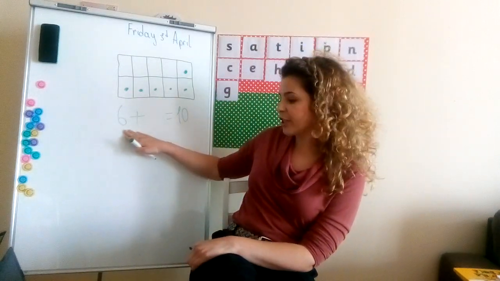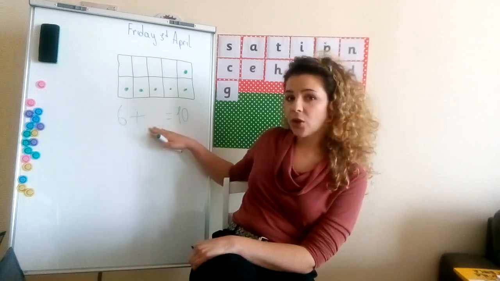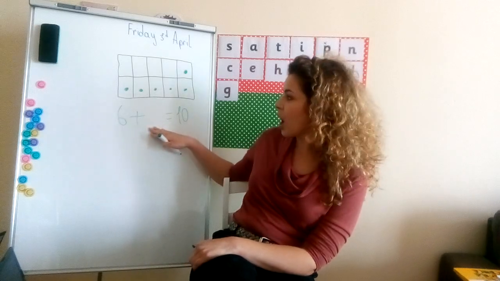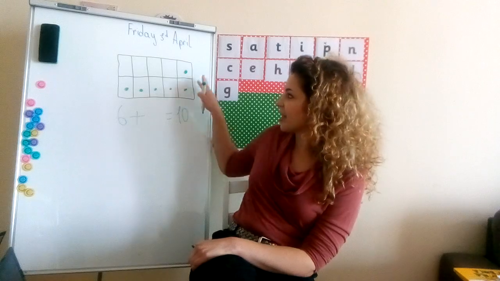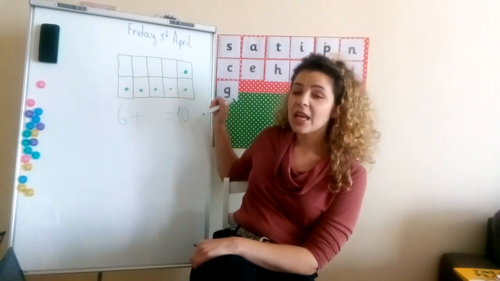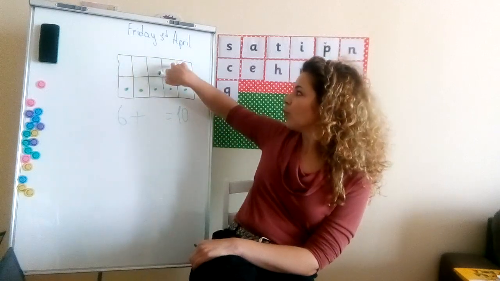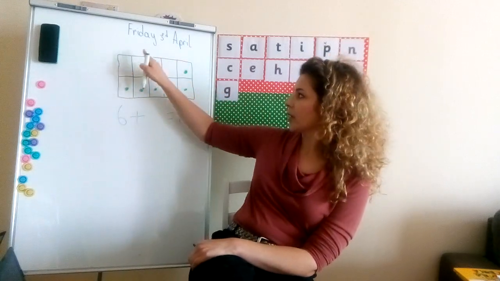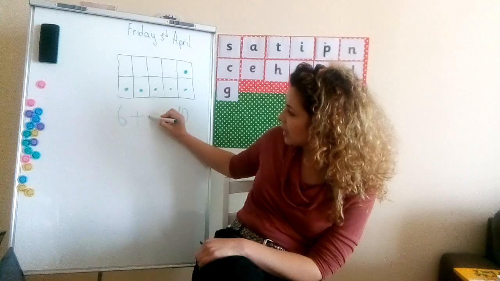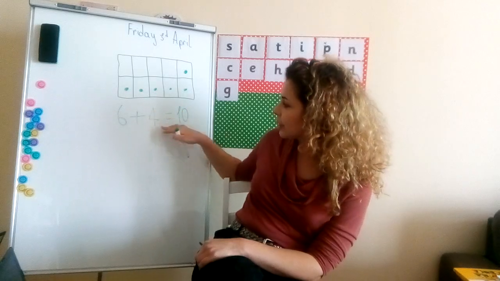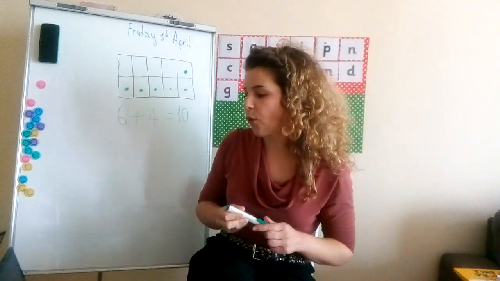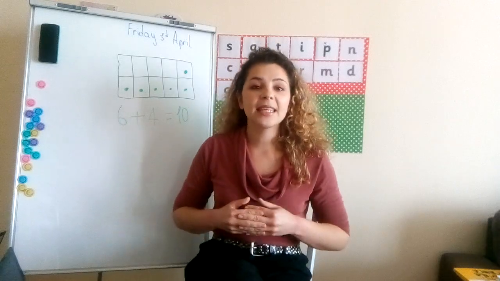So 6 covered, some number which are not covered, we don't know right now how many, but all together there are 10 frames, yes? So let's see how many we are missing. 1, 2, 3, 4. So this says that 6 plus 4 equals 10.